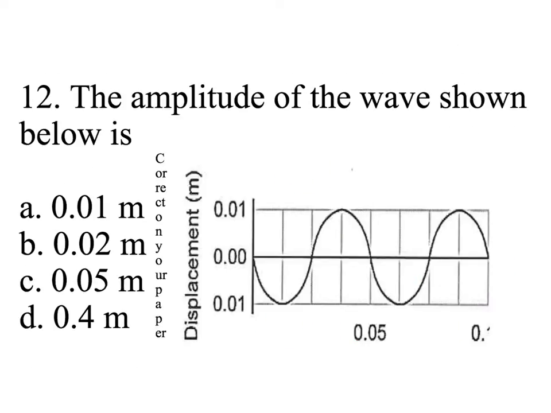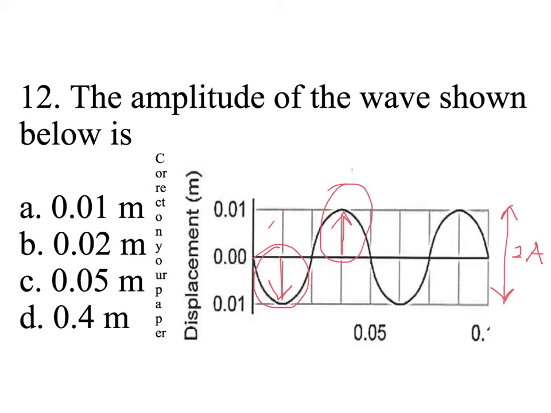The amplitude of the wave shown below is what? Well, the purpose of this question is so that you know the difference between this and this. This right here is 2 times the amplitude. The amplitude itself is just the distance from the equilibrium point, or the center line, to the crest, or this distance here from the trough to the equilibrium point.